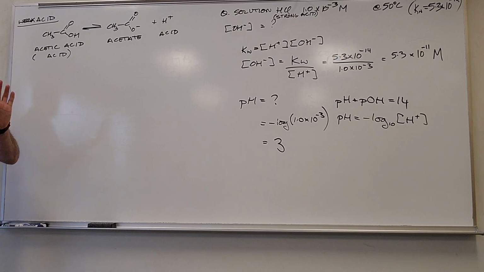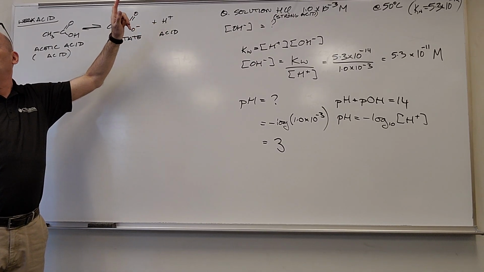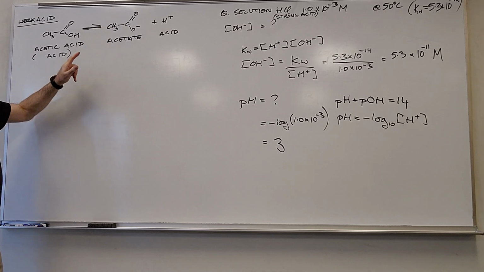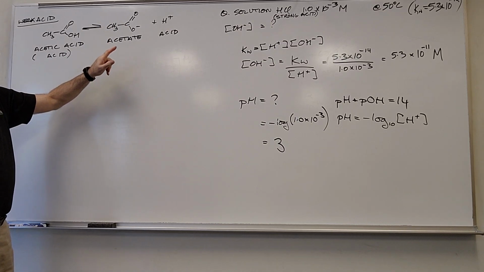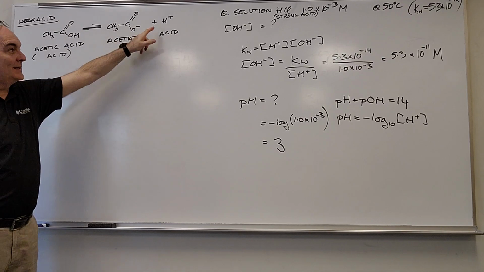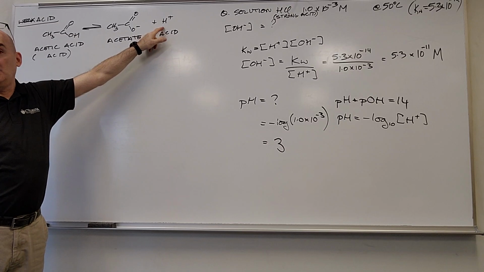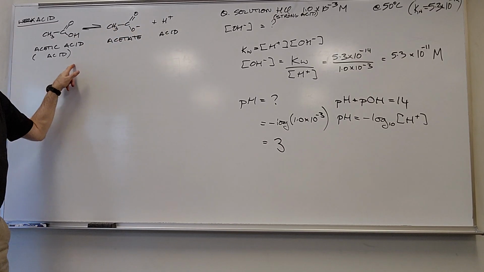This is the acid. Now, technically, it's not. That's the acid. When people who are thinking about solutions are thinking about acids, they're thinking about the H plus. People who are just doing general chemistry think that this is the acid.